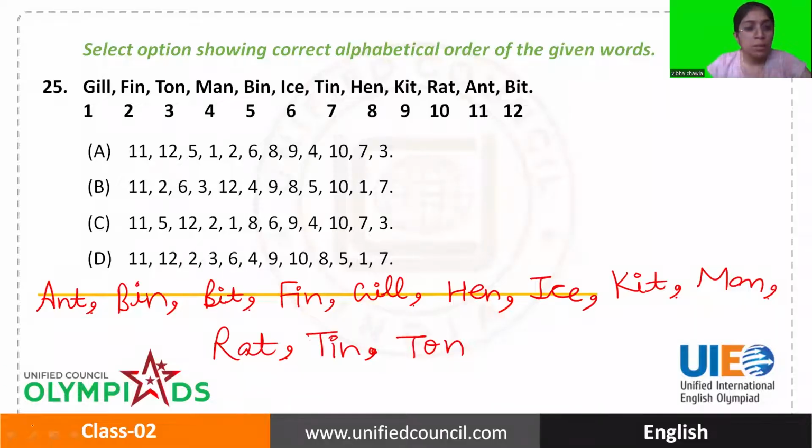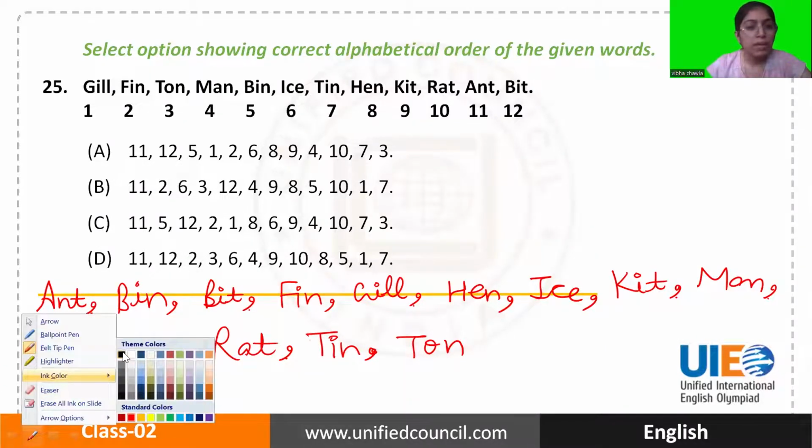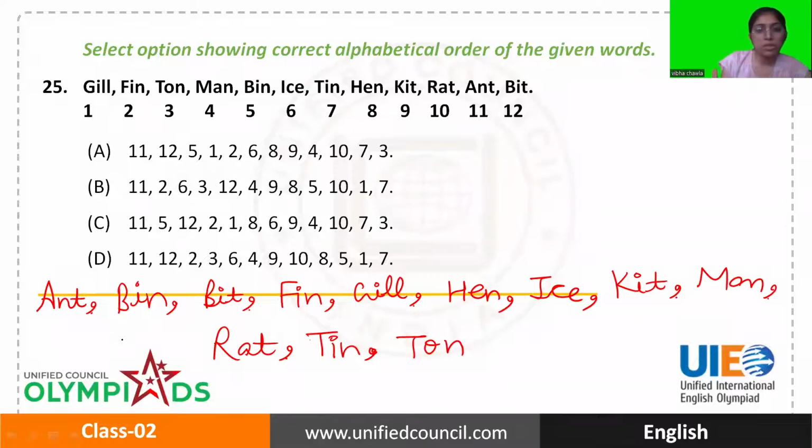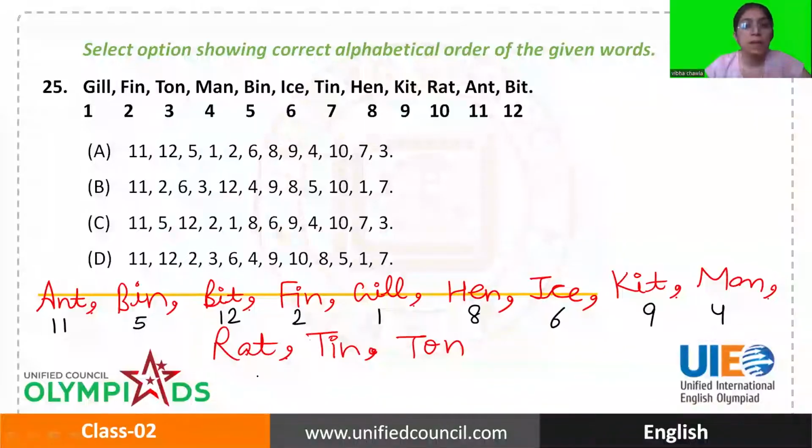Now let's see the numbers, and then match it with the given options. So it's 11, 5, bit 12, fin 2, gill 1, hen 8, I 6, kit 9, man 4, rat 10, tin 7, sun 3.